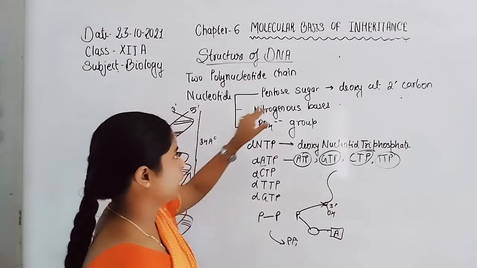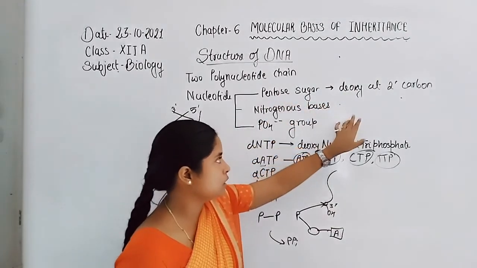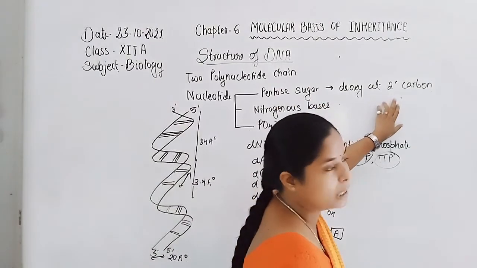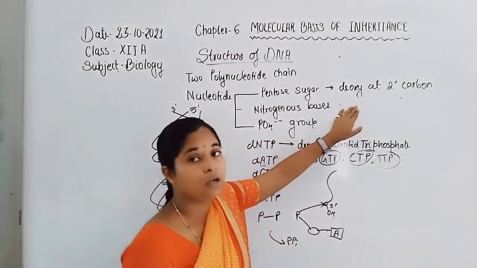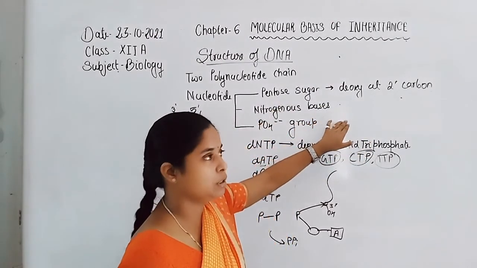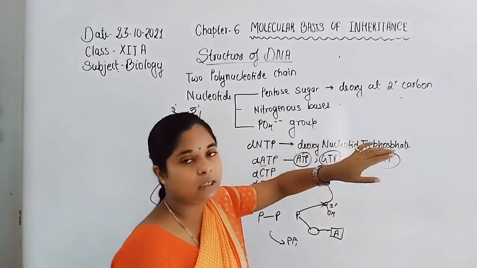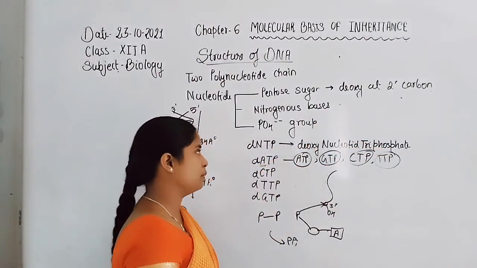Now each nucleotide is formed by pentose sugar. The pentose sugar lacks the hydroxyl group at the 2' carbon. That's why DNA is known as deoxynucleic acid. Nitrogenous bases are of two types, purine and pyrimidine. Purines are adenine and guanine, and pyrimidines are cytosine and thymine.